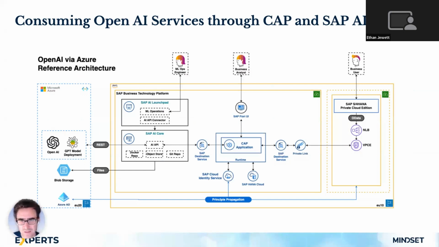This one's focused on data and AI, and is the reference architecture that SAP provides around consuming OpenAI services in Azure, so Microsoft's OpenAI APIs, using CAP and SAP's BTP AI core.